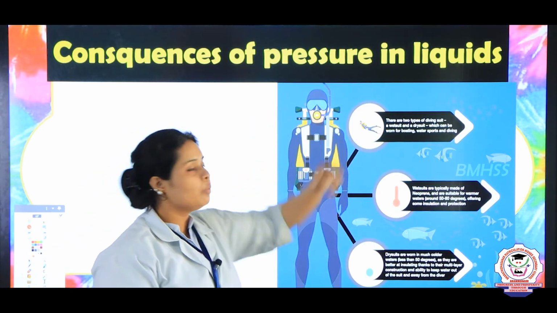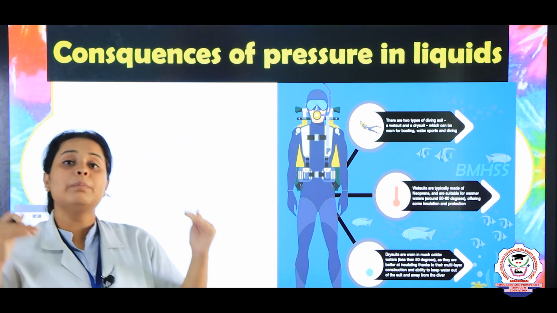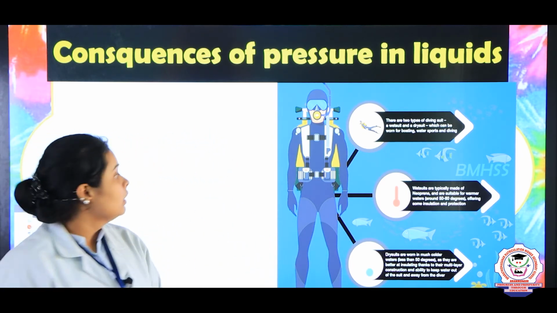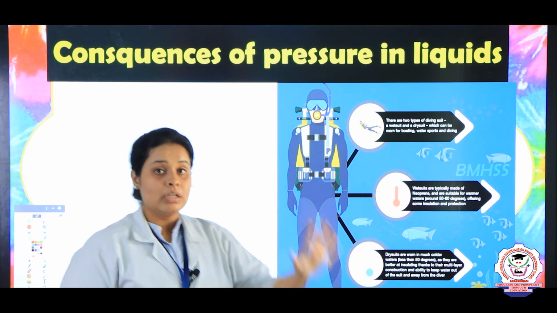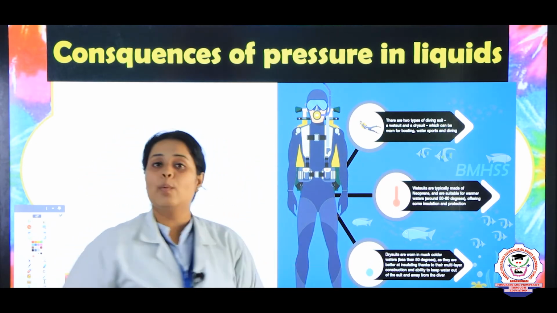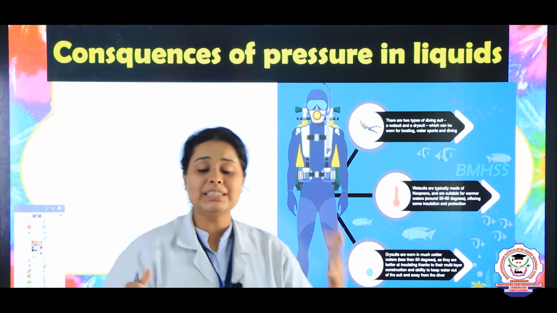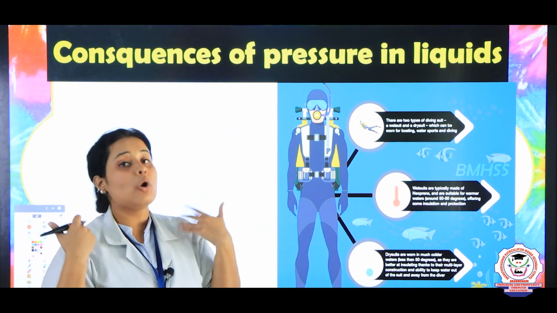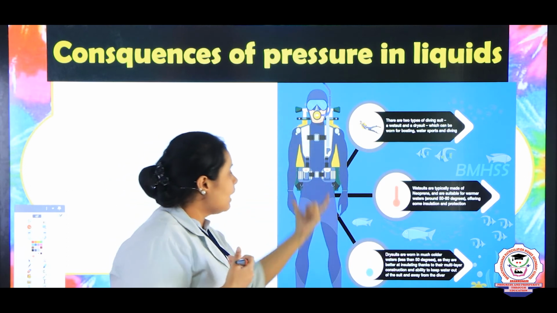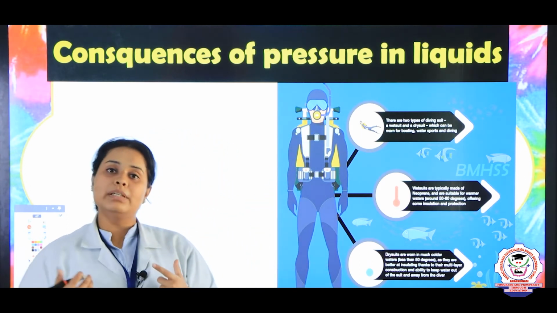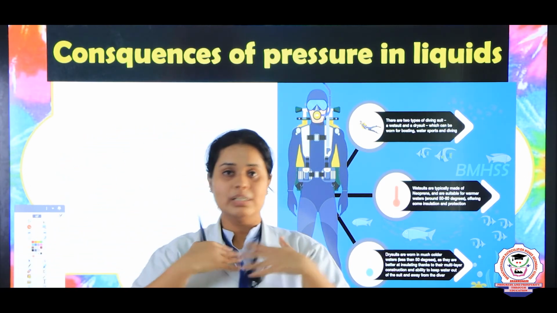Same way, human beings who are going deep inside the sea for diving, they are known as sea divers. So even the equipment which they are wearing, it's very tight fitting, right? It's fully packed, plus they will have an oxygen cylinder on their back. Our human body pressure is normal.